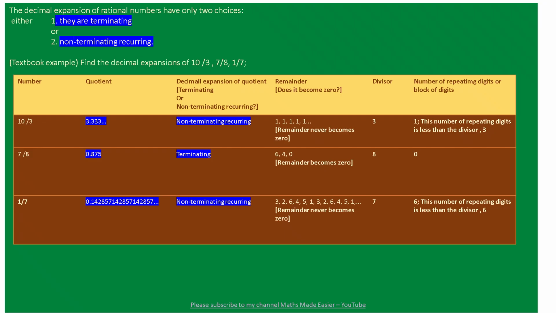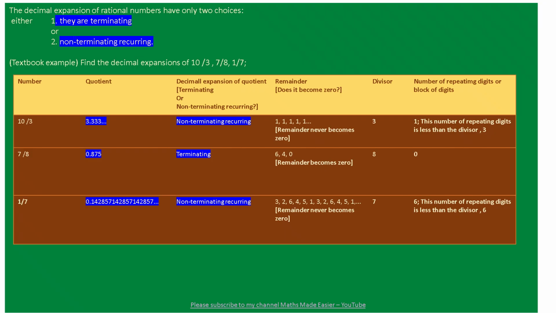If you look into the remainder, when you divide 10 by 3, you get 1, 1, 1 and so on. The remainder never becomes 0. So, the number of recurring digits in the quotient is always less than the divisor itself. The divisor in this case is 3, and the number of recurring digits is 1, as you can very well see.